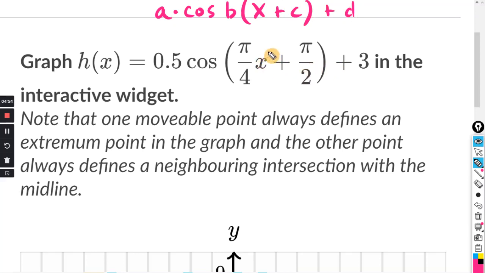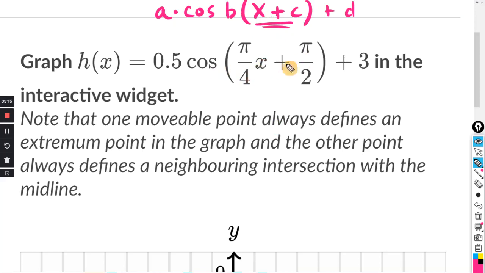And the reason for that is, in order to determine the phase shift, we have to see exactly what number is added or subtracted from x. We cannot see it when it's in this form, because here the pi over 2 is added to pi over 4 times x. We need to have the x by itself.